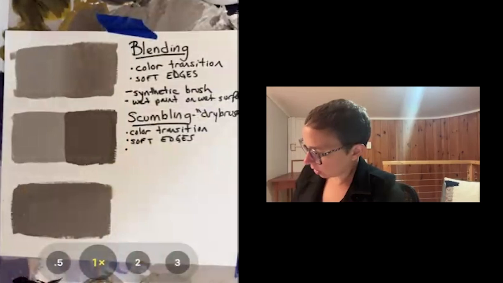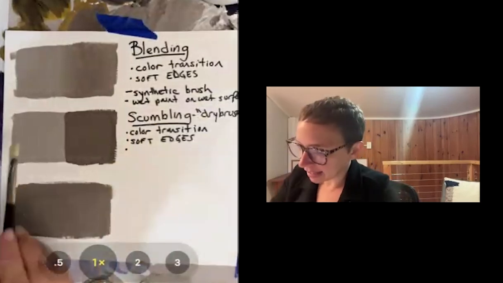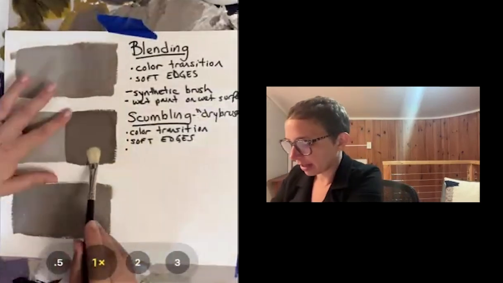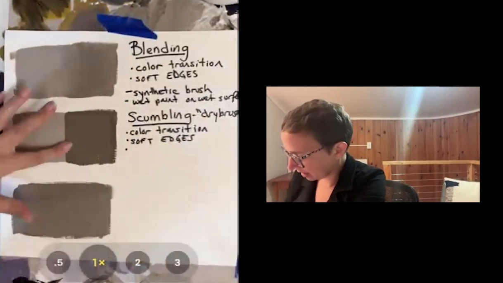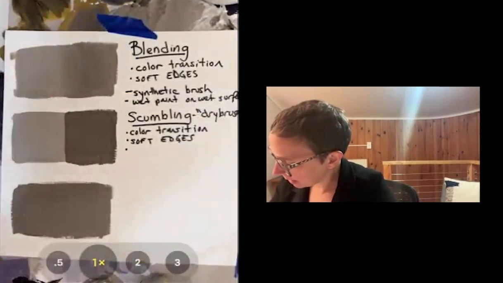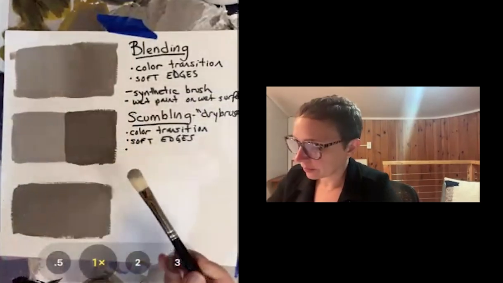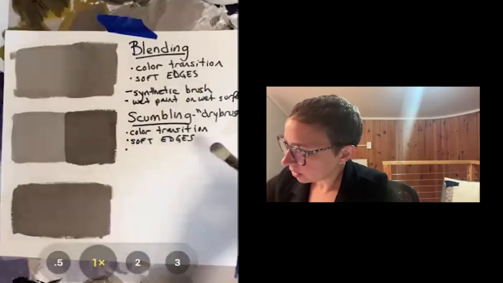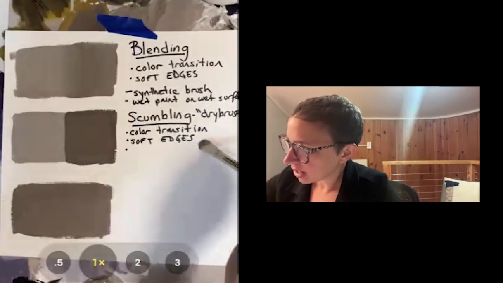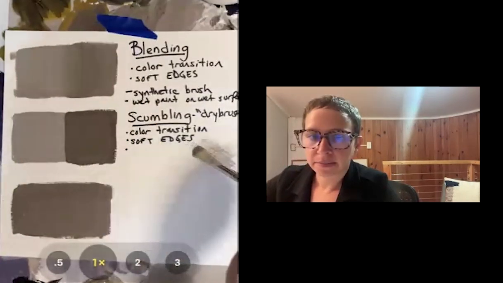So what that looks like, I'm going to take the lighter value and drag it over my darker value. It is dry, so I can do this. It would be blending if it's not, so we're not going to do that. I'm going to grab a little bit on both sides of my brush of my lighter value, just a little bit. I'm not going to do it over here yet. I'm going to show you how dry this is. Look how little paint.